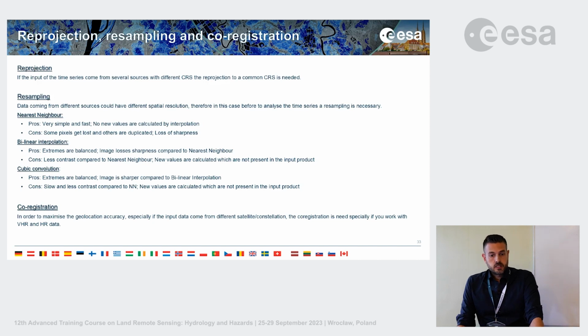Why use time series? A time series is a stack of satellite images taken over the same area of interest at different times. We use this for understanding how Earth is changing, for determining the causes of the changes, and for predicting future changes.